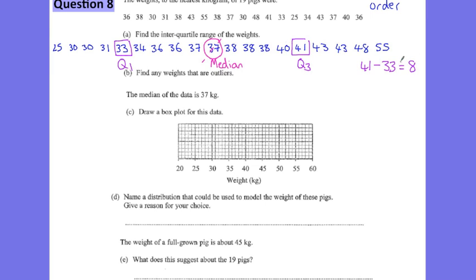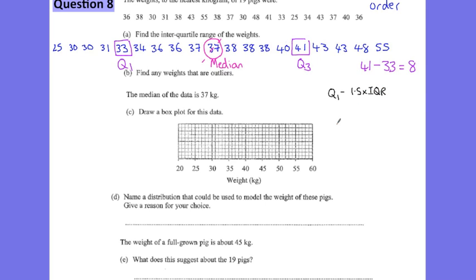We're then asked to find any weights that are outliers. To be able to do this, we need to look at the lower and the upper end. First off, looking at the lower end, we will apply the formula shown in our notes earlier in the video. We will take Q1 and subtract 1.5 times the interquartile range.